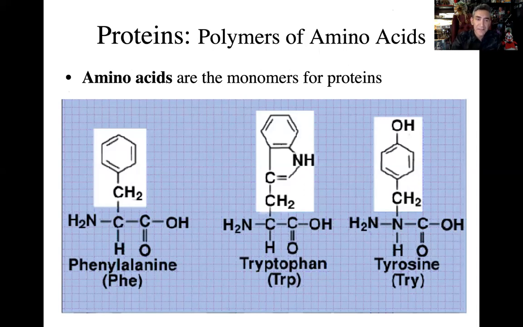And what you're looking at here, we have 3 examples of amino acids. And I'm not expecting you to be chemistry experts at this point. I just want us to start identifying some important parts. So I want you to see this part here. If you're keeping up and you remember your functional groups, you know that this is an NH2. This is an amino group.